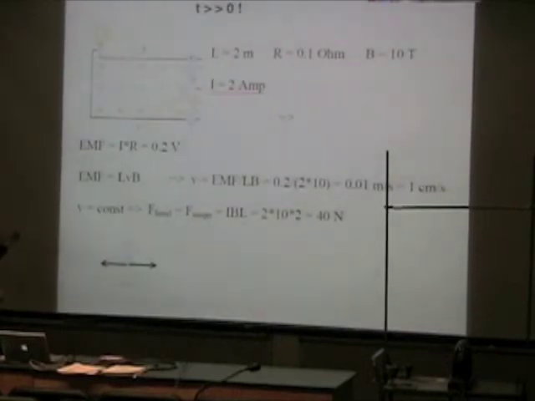We would have to calculate, for example, terminal velocity. We would have to calculate the force applied to the rod by our hand. Or we could calculate the force applied on the rod from the magnetic field, which is supposed to be equal to the external force. How would we do that?